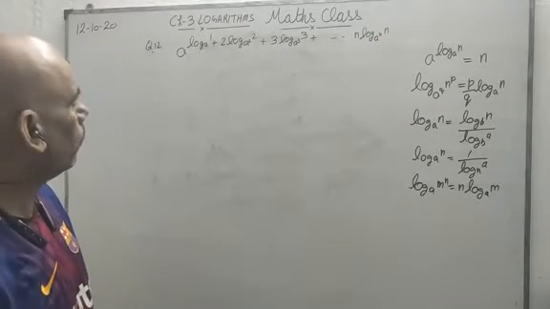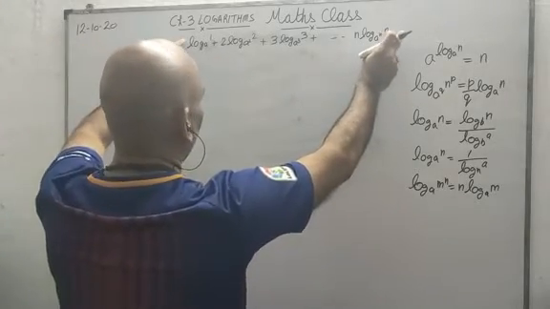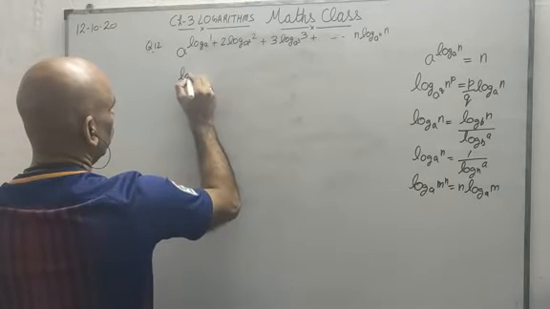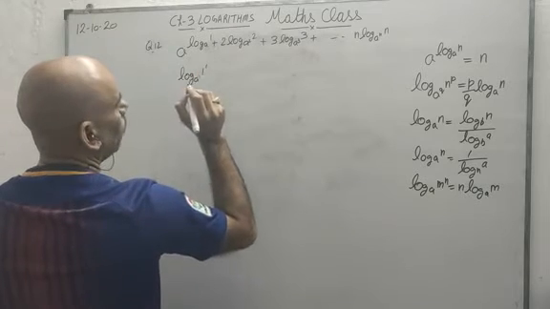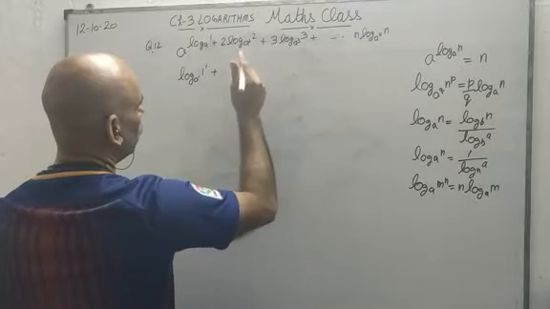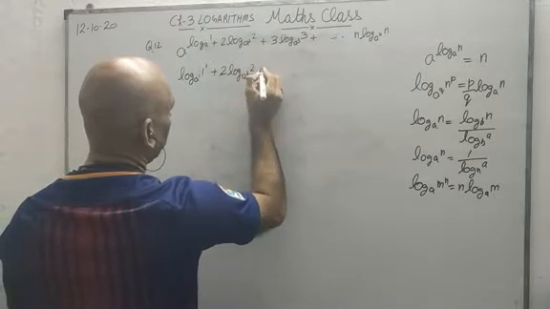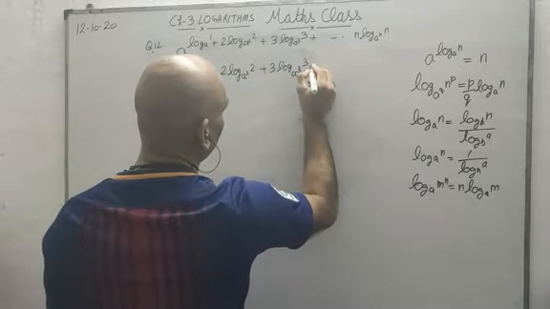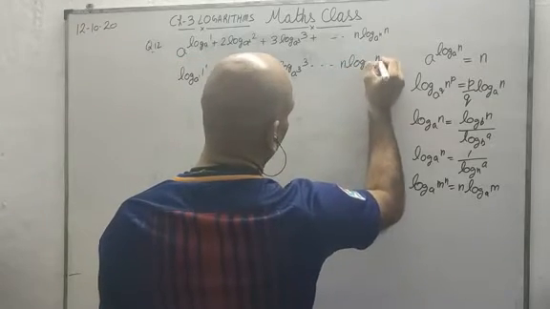Before we start, let me solve the power first. If I solve the power separately, then I will go for it. So log a to the power 1 and 1 to the power 1. You can understand it like this. And this 2 is 2 log base a square 2, 3 log a to the power 3 is 3, up to n log a to the power n.